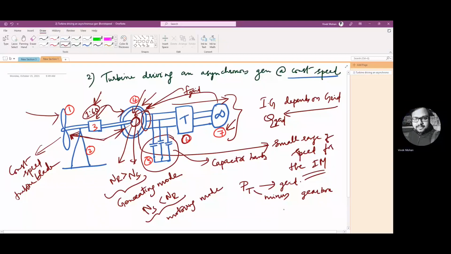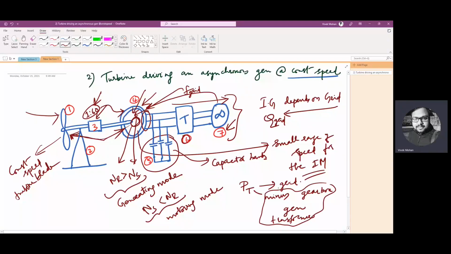Then in the generator there is a loss, and in the transformer there is a loss. So subtracting these losses from PT, the remaining will only go to the grid. And the power of asynchronous generators is typically 100 kilowatts to 800 kilowatts.